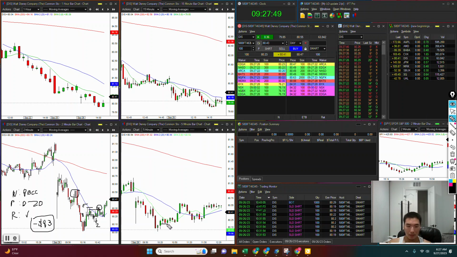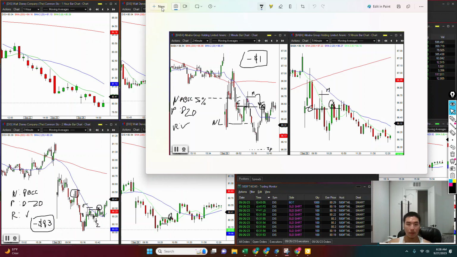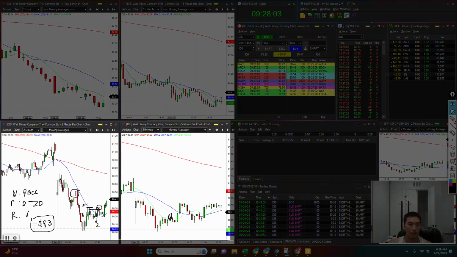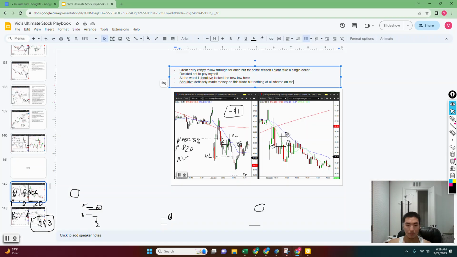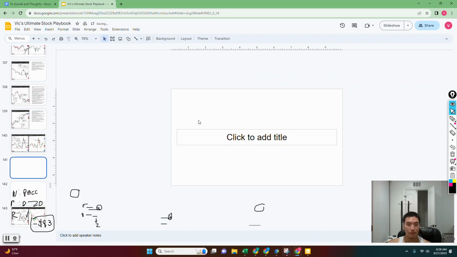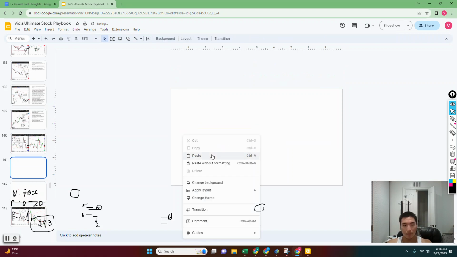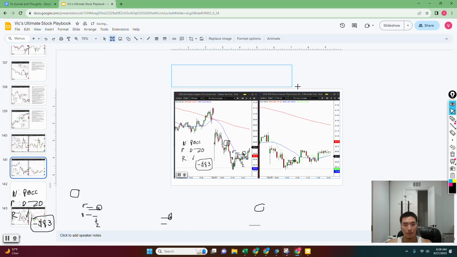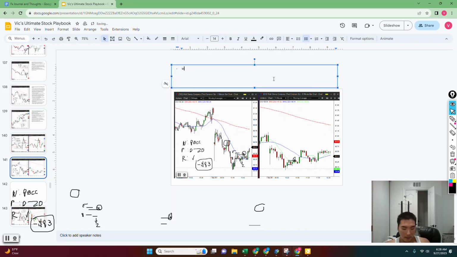Over here. Got no follow through though. That was the last trade of the day. It wasn't bad, just got no follow through. Wasn't the worst trade. Just got no follow through.